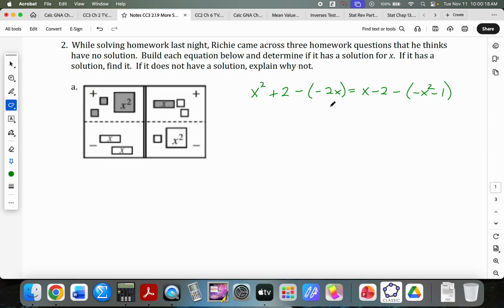We're simply going to flip the parts in the negative region to the positive region. So x squared plus 2 plus 2x is equal to x minus 2 plus x squared plus 1.